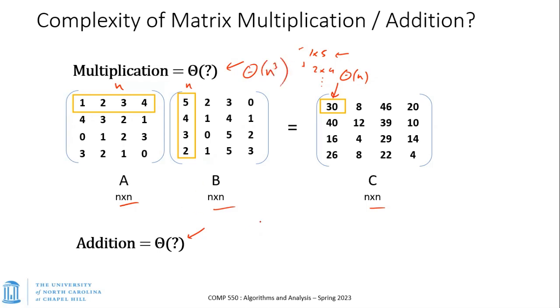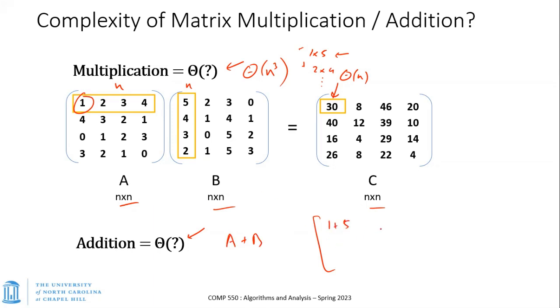All right, what about addition? If you want me to remind you what addition is, you basically say 1 plus 5. So when adding A plus B, you're simply saying 1 plus 5 over here, and so on.